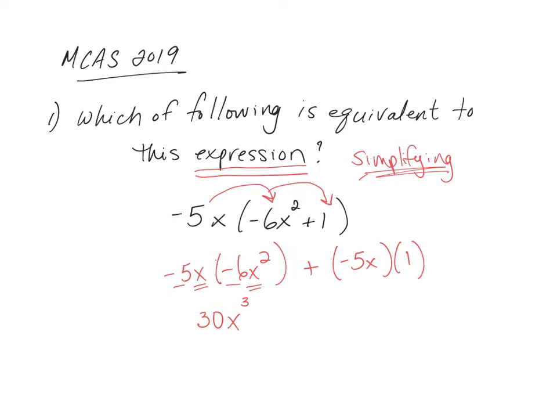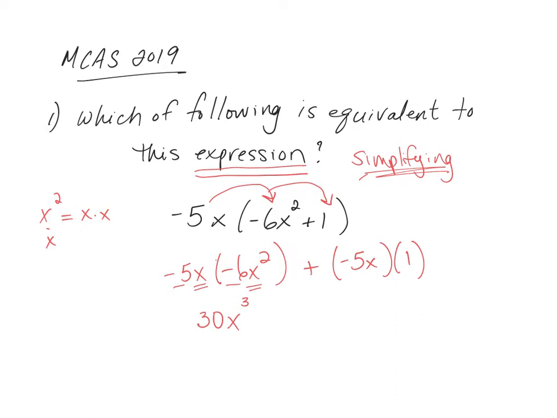When we're multiplying variables with exponents, you can think of it as the fact that x squared is the same as x times x, and then when we multiply that times another x, what we have are 3 x's. So that's how we get x cubed.